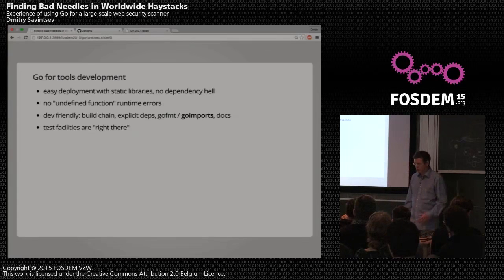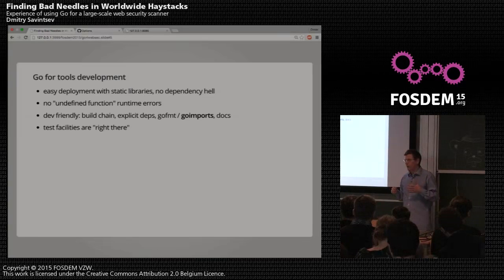You have the whole build chain, so the compiler and dependencies are written down, and the test facilities are right there. When you have test files, you have file.go and then file_test.go. When they're placed together, it stimulates people to write good tests, or at least write some tests.